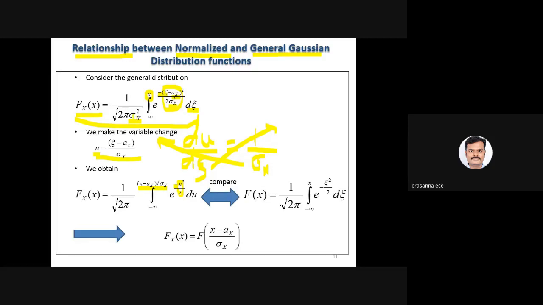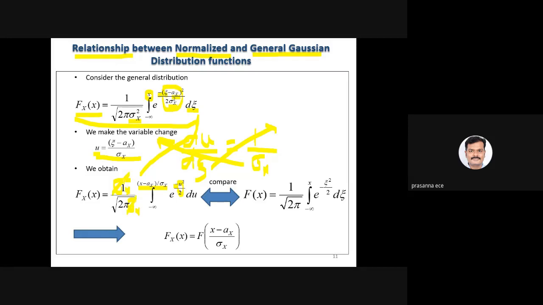Okay, and then there is a sigma x square in the denominator, so that becomes sigma x if you eliminate the root. And then here you saw d zeta is equal to sigma x into du, right? So we have a sigma x here, and we also have a sigma x in the numerator, which comes from the derivative, so they both get cancelled.